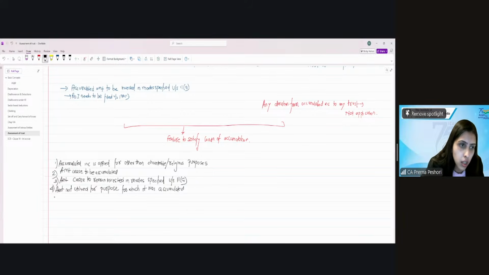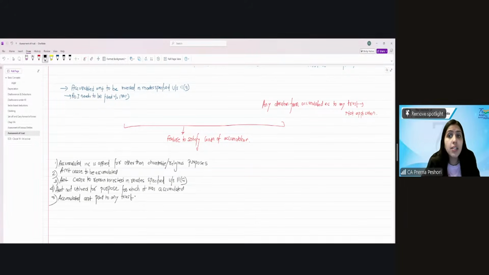Or the accumulated amount is paid to any trust.